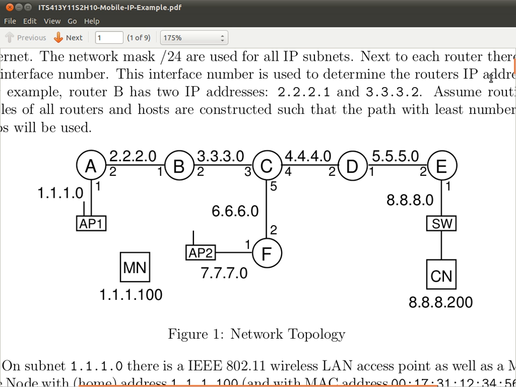That's the same if we're registered on this foreign network. It would be the same if we were on our home network. It would be the same if I was on some other foreign network. That is, the source and destination IP addresses do not change from the higher layer's perspective. And that's what we're trying to achieve. If they do change, our application needs to restart the session. We don't want that.